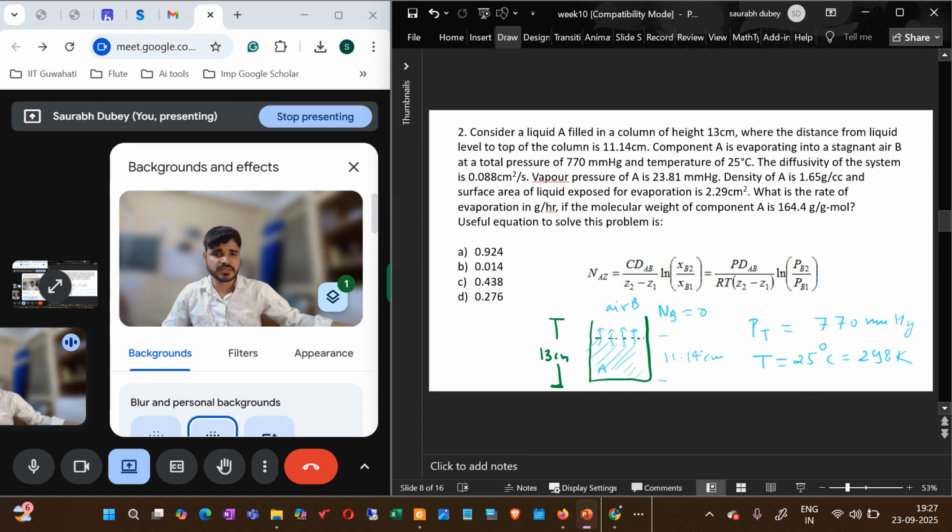The diffusivity of the system, AB being the components, so D_AB is 0.088 centimeter square per second.